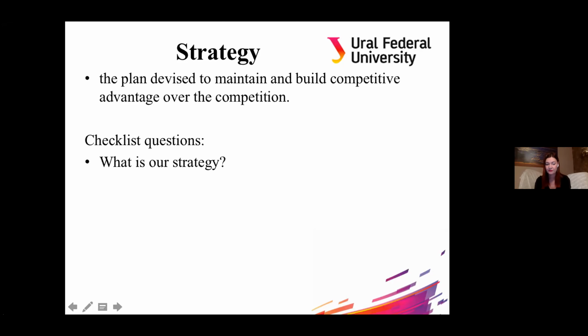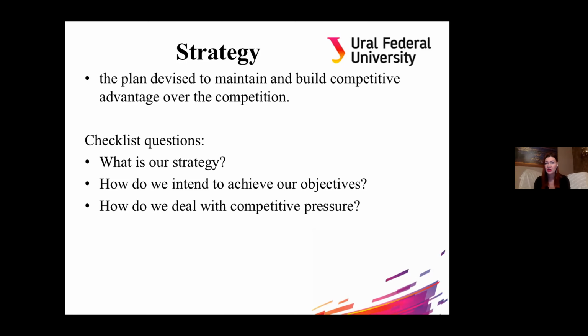Checklist questions. So what is our strategy? For example, we are not a new company, but just a company in the mature stage, and we want to develop it. Maybe we want to make a restructuring or something. How do we intend to achieve our objective? How do we deal with the competitive pressure?